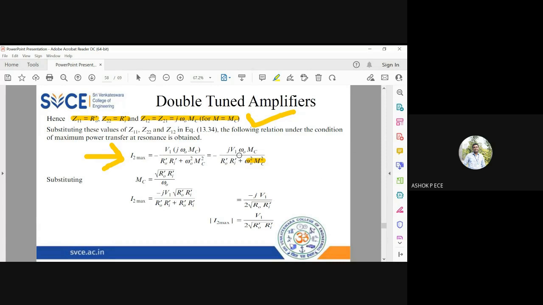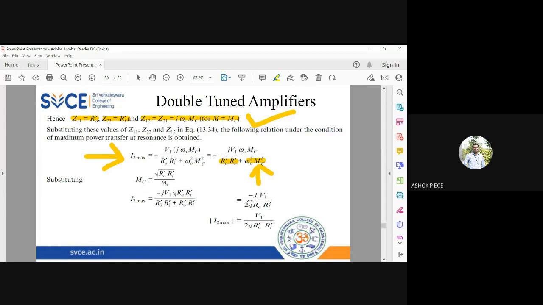So the denominator you see, numerator is going to be the same, minus j V1. Also omega naught MC is root of R naught dash into Ra dash, divided by R naught dash into Ra dash plus R naught dash into Ra dash, which is also there. So when you simplify, the denominator is 2 R naught dash into Ra dash. Numerator you have square root of R naught dash into Ra dash, so one square root I can cancel.